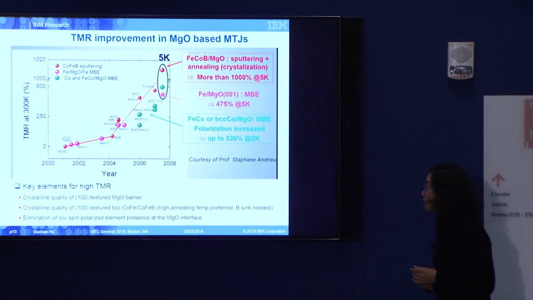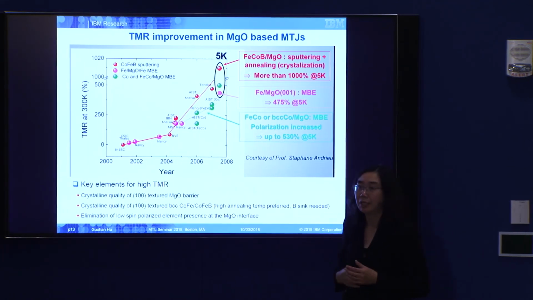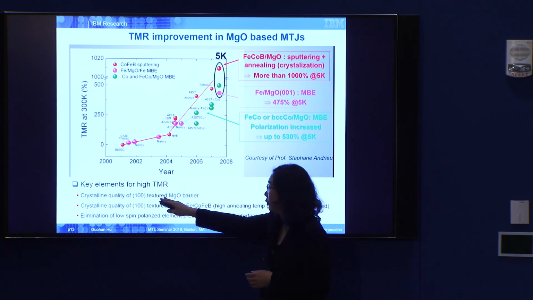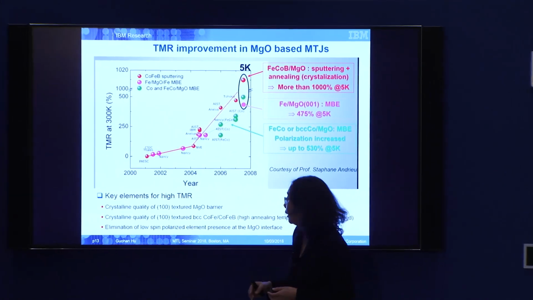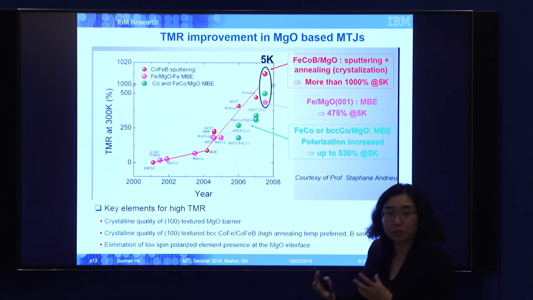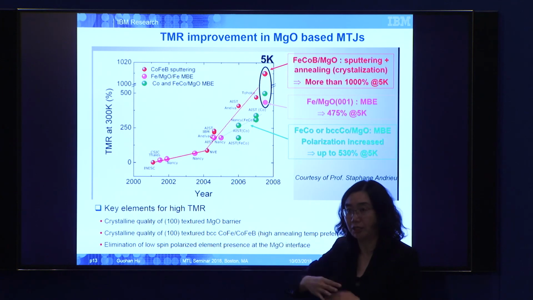And those are really the key elements people have found that matter to make the TMR high. First, you have to have a well-textured MgO tunnel barrier. Then you have a highly textured BCC structure, cobalt iron or cobalt iron boron, to really match the lattice.